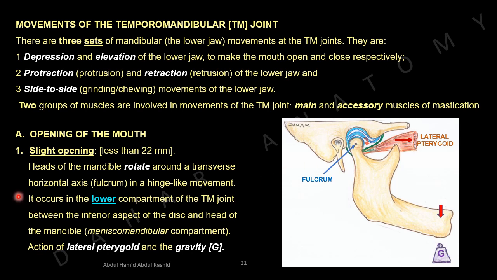It occurs in the lower compartment of the TM joint, between the inferior aspect of the disc and head of the mandible, that is meniscomandibular compartment. It is done by the action of lateral pterygoid muscles and gravity.